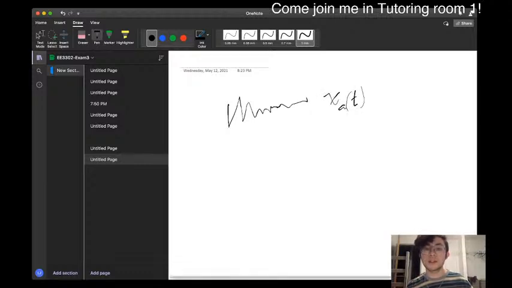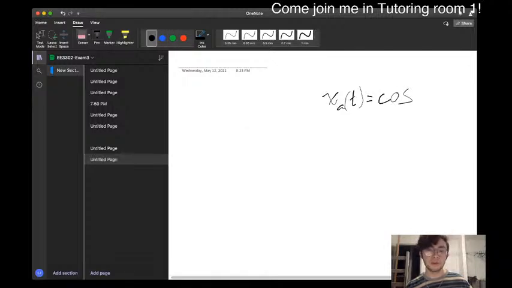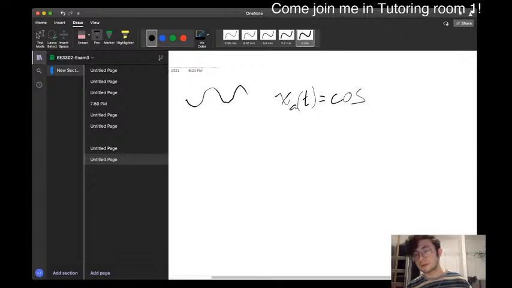Let's say our original signal is just a cosine, so the output from our microphone is just going to be a cosine, cosine of 300t. Great, because this cosine has a certain frequency.